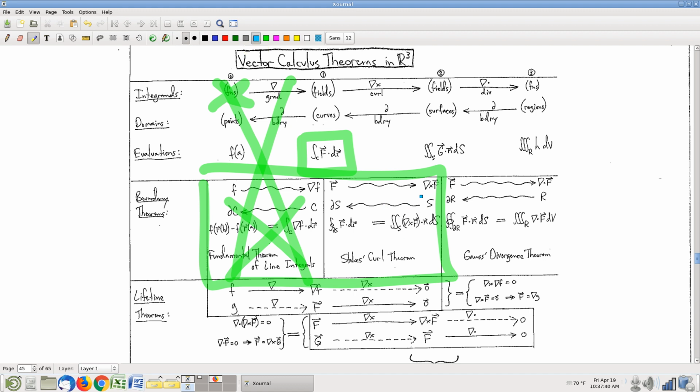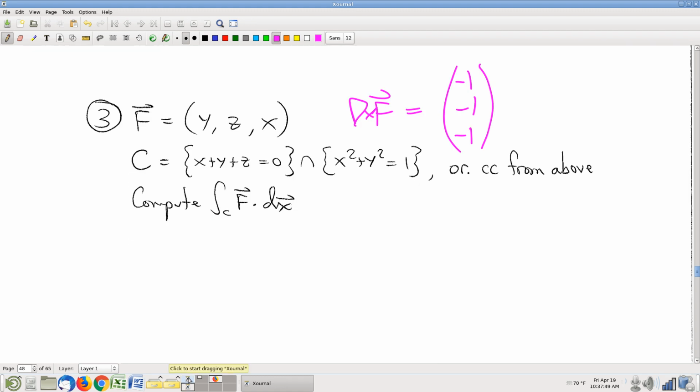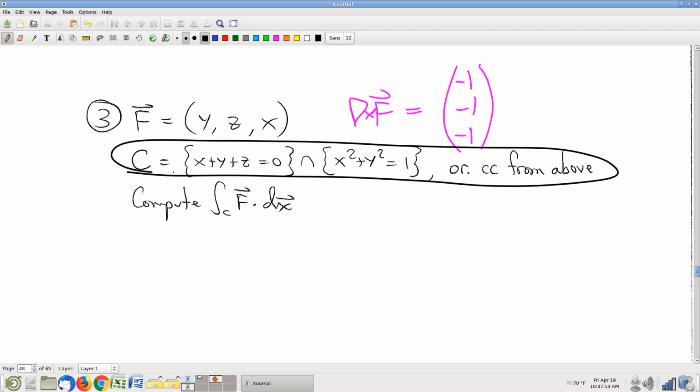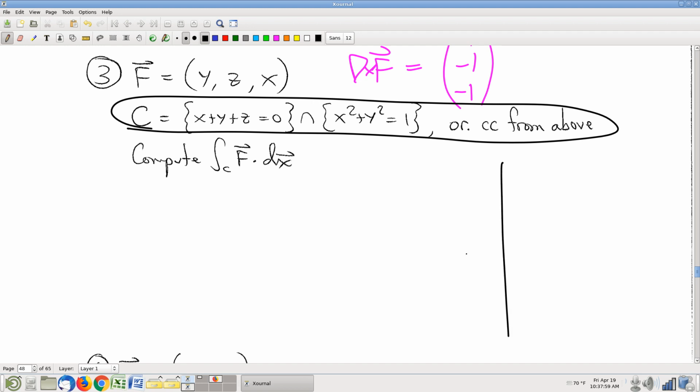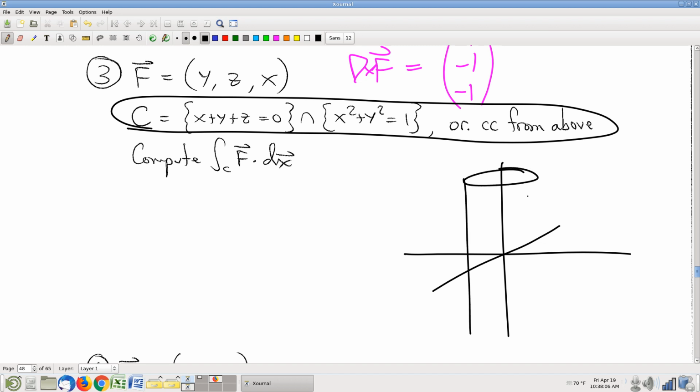So we ask, is there an anti-boundary? Is this curve a boundary of something? Okay, well, let's see here. What is our curve? I'm going to have to draw a picture here, aren't I? We're looking at how this cylinder intersects with this plane.